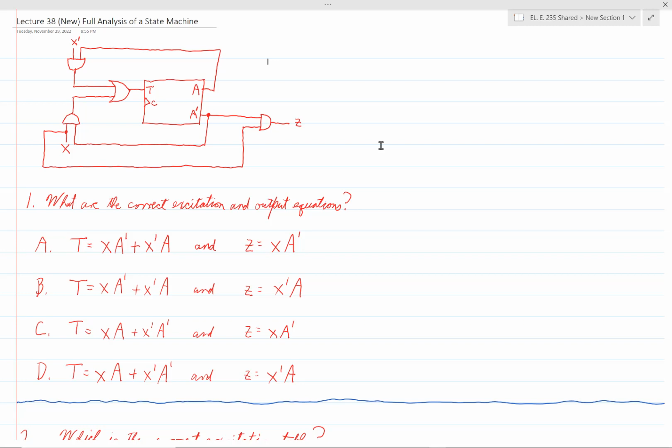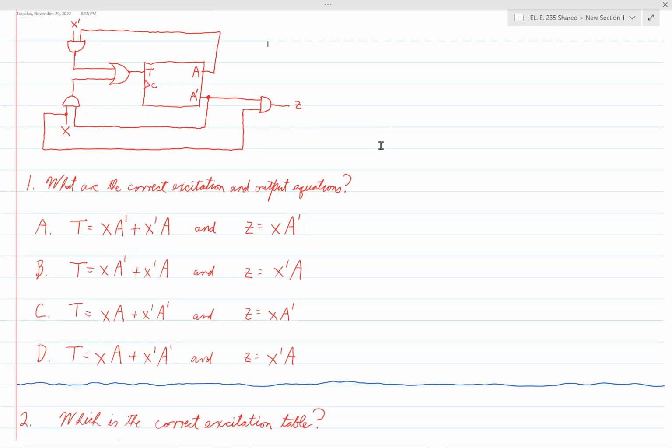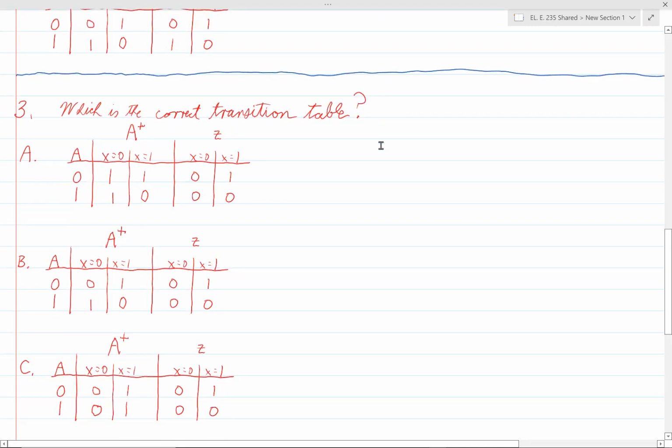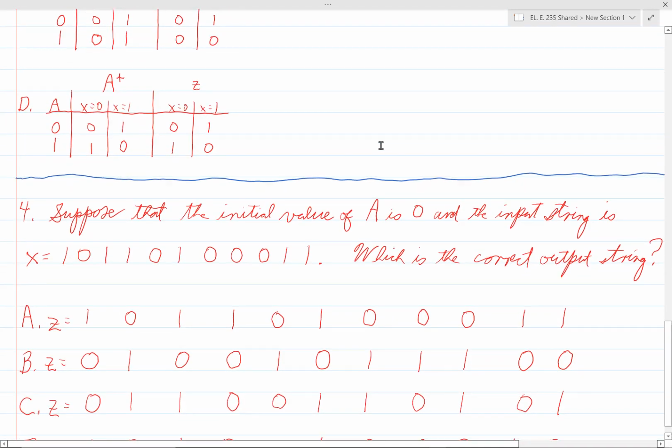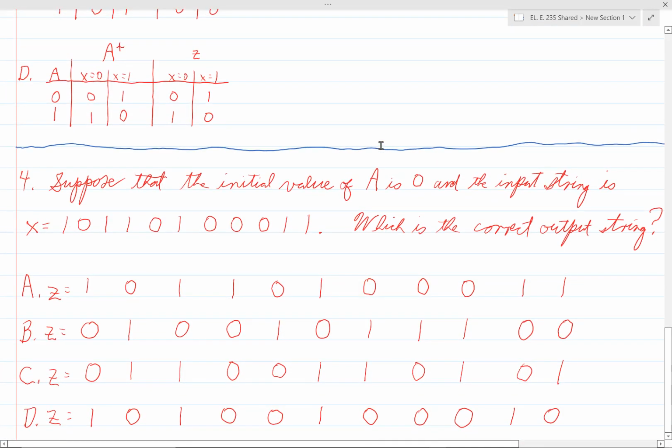If you were given this circuit and you weren't told anything about these intermediate steps, you were just given a question: suppose that the initial value of A is 0 and the input string is this, what is the correct output string?